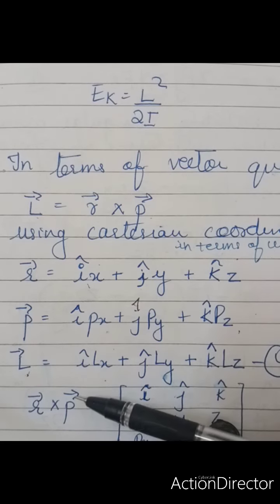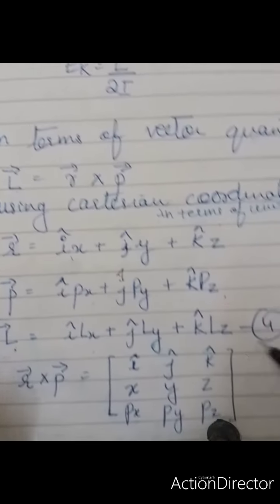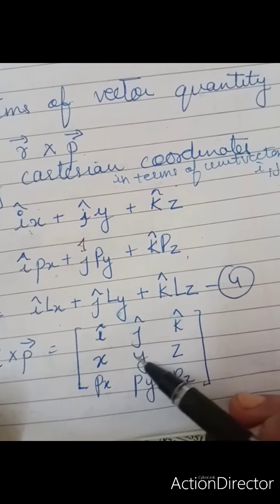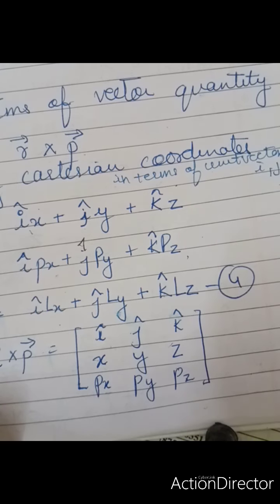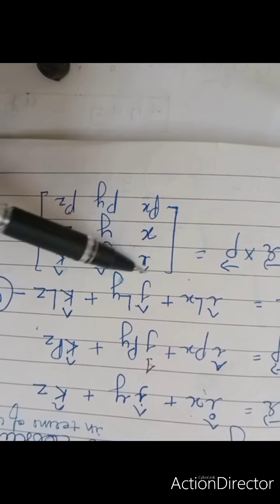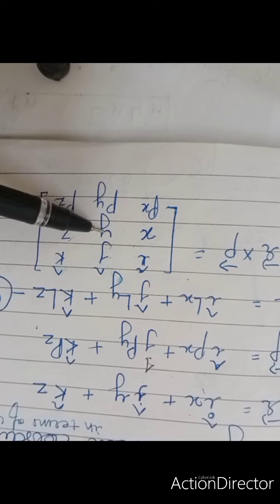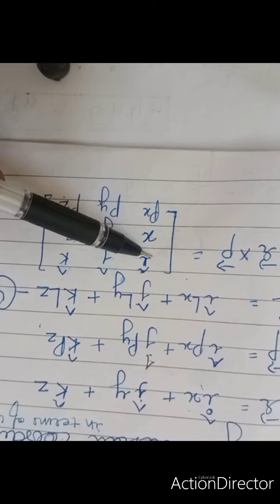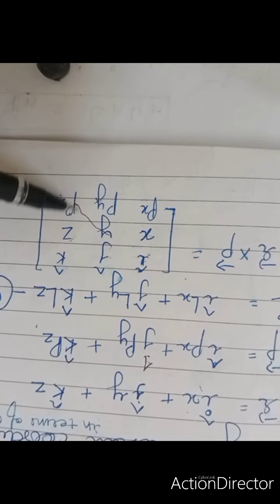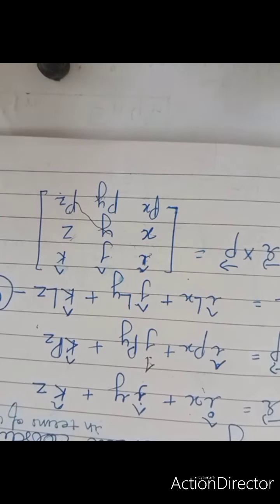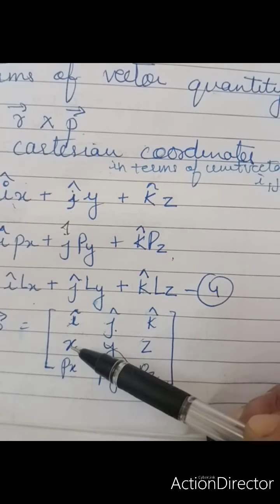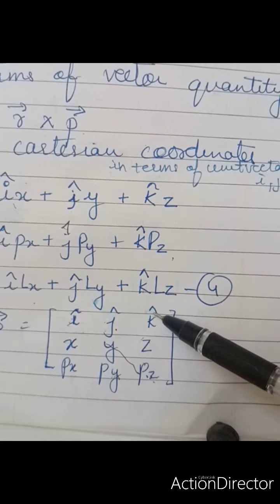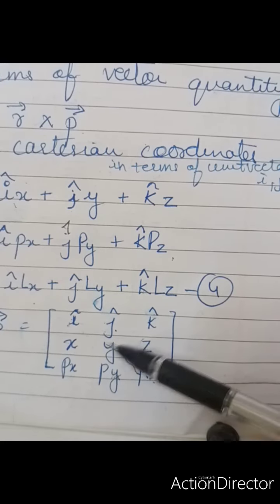So we will be finding out R cross P in terms of a matrix. You will write here i, j, k, x, y, z, and px, py, pz. So when you are finding for this i, it will be ypz minus zpy. For j, it will be xpz minus zpx, and for k, it will be xpy minus ypx.